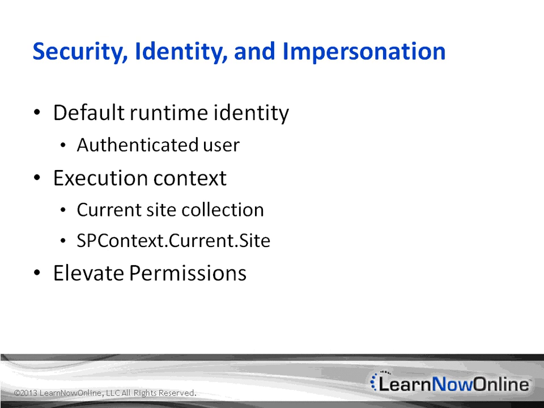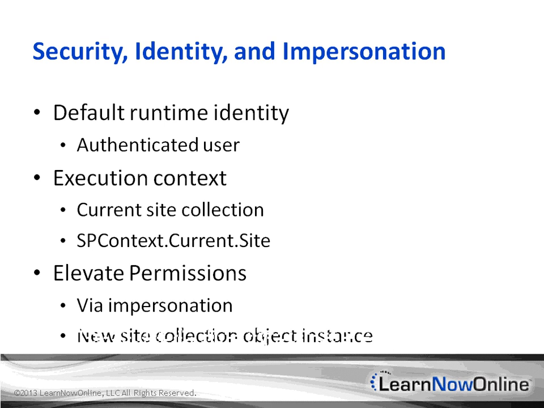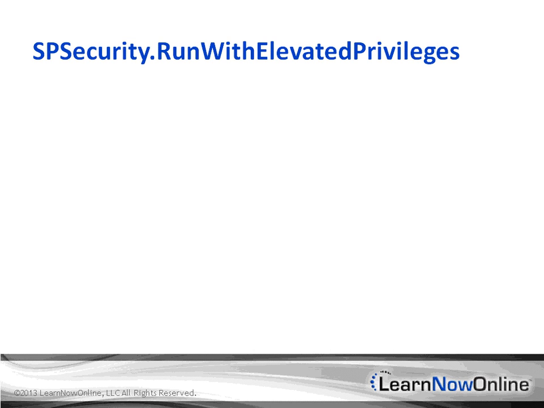In those cases, we need to elevate permissions, and the way of doing that is via impersonation. The number one important thing is you have to create a new site collection. You can't use the SPContext current site, because it's associated with the context of that lower privilege user. So you have to instantiate a new site collection object.